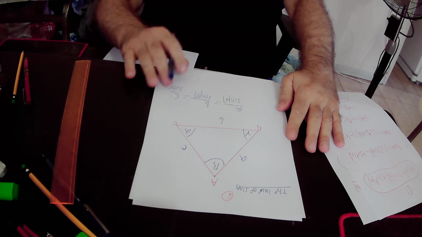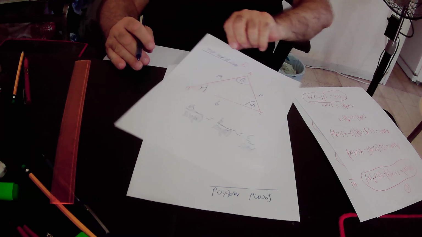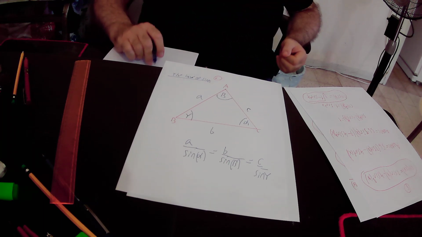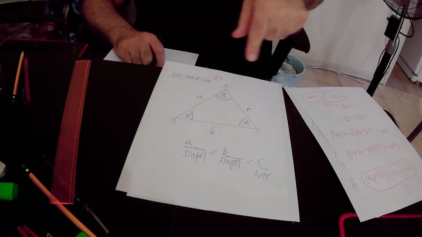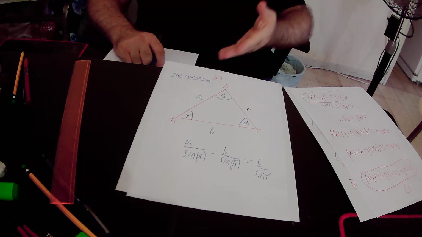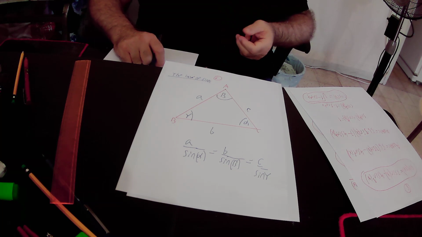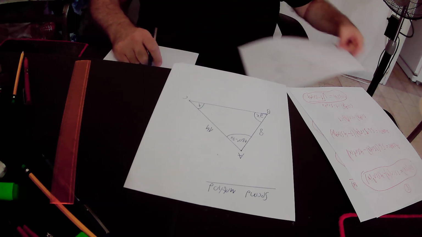And it is true in any triangle. Again, A over sine alpha equals B over sine beta equals C over sine gamma. So we can implement the law of sines in our triangle ABC.